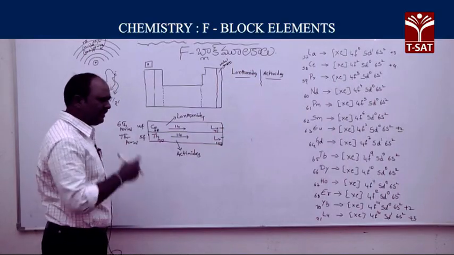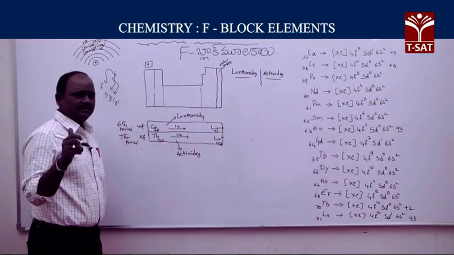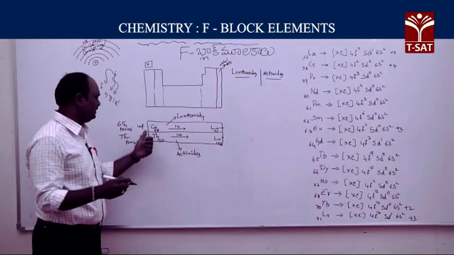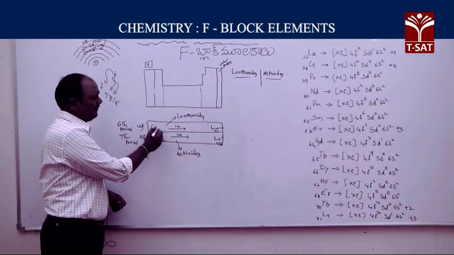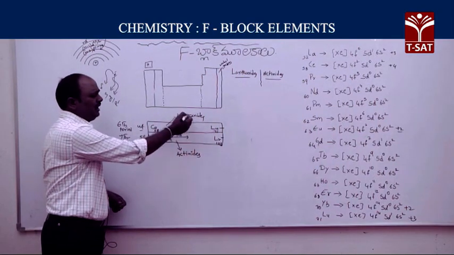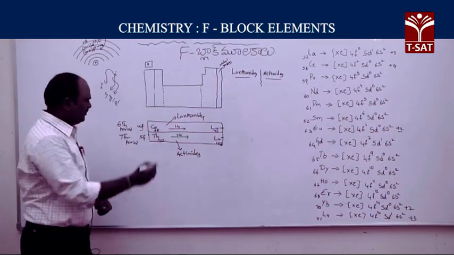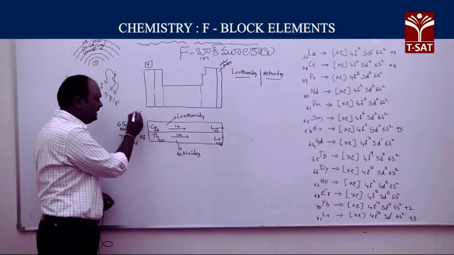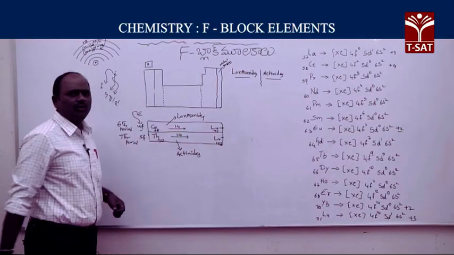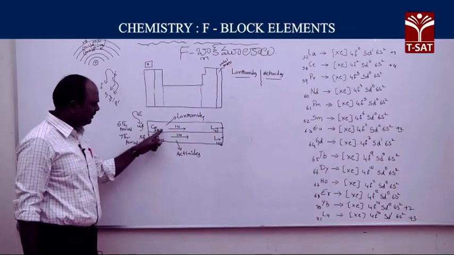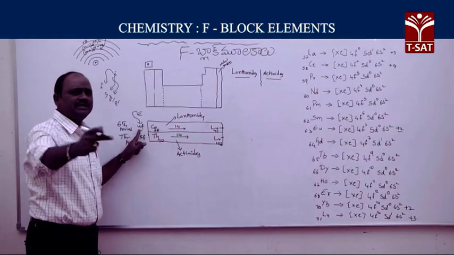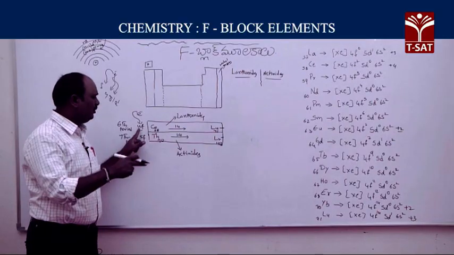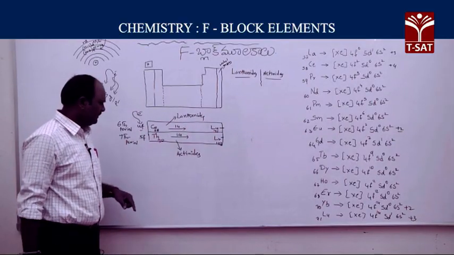Here normally they sometimes ask questions regarding this. In case of cerium to lutetium, or in case of lanthanides, the differentiating electron is entering into the 4f orbitals. Therefore, the lanthanides are also called 4f series metals or 4f series elements.